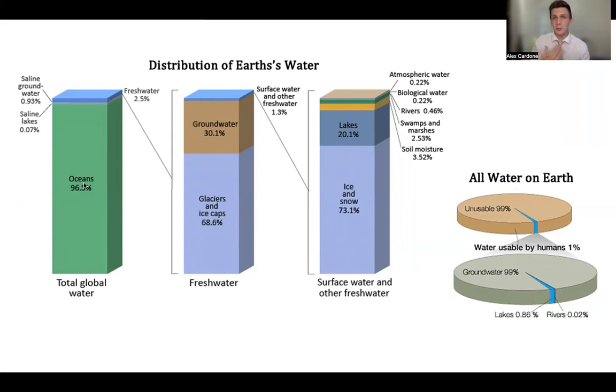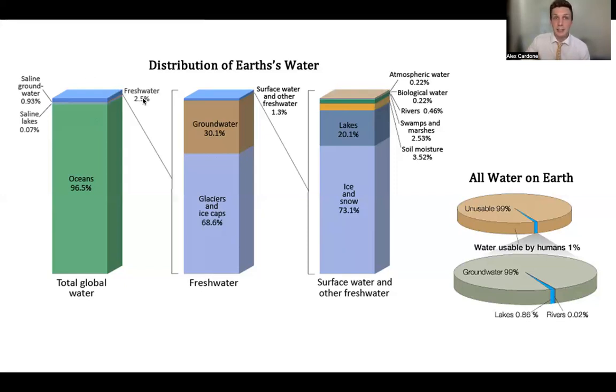It's not water that we can readily utilize or readily drink. And so up here, if we look all the way up here, 2.5%, that's fresh water. That's everything that we can find, whether on the surface, in the groundwater, or captured in glaciers, all of that we can actually use for drinking water in its current state.